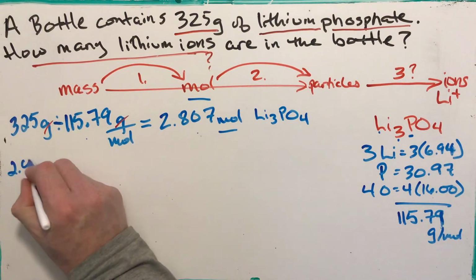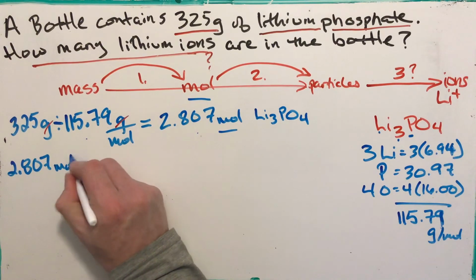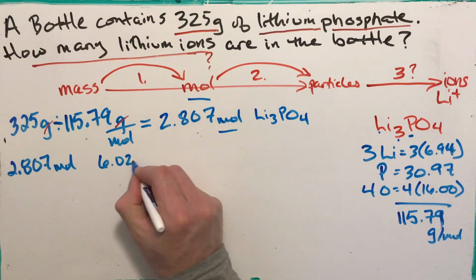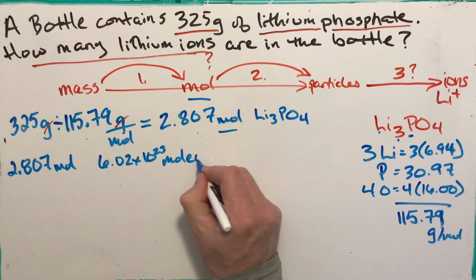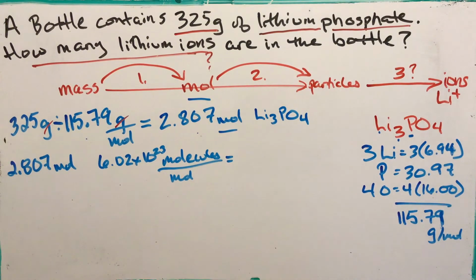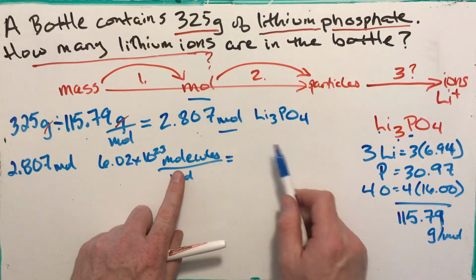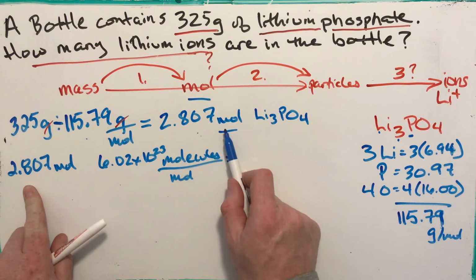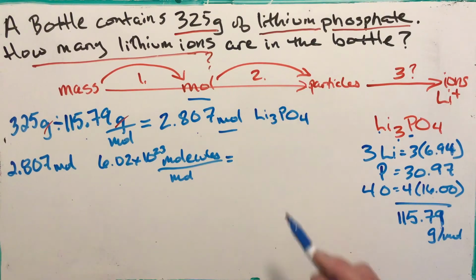So 2.807 moles. And again, my conversion factor is 6.02 times 10 to the 23 molecules per mole. All right. It's molecules, not ions yet, because this is a molecule. And that's what we started it with, 2.807. That's for a molecule, all these things connected together.